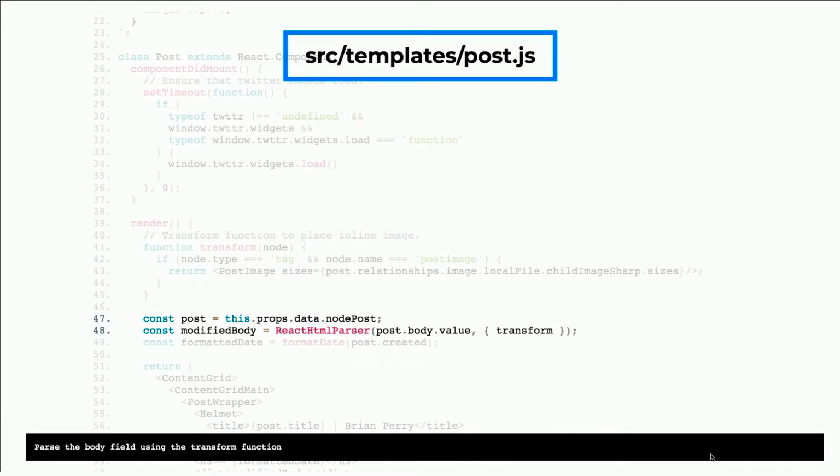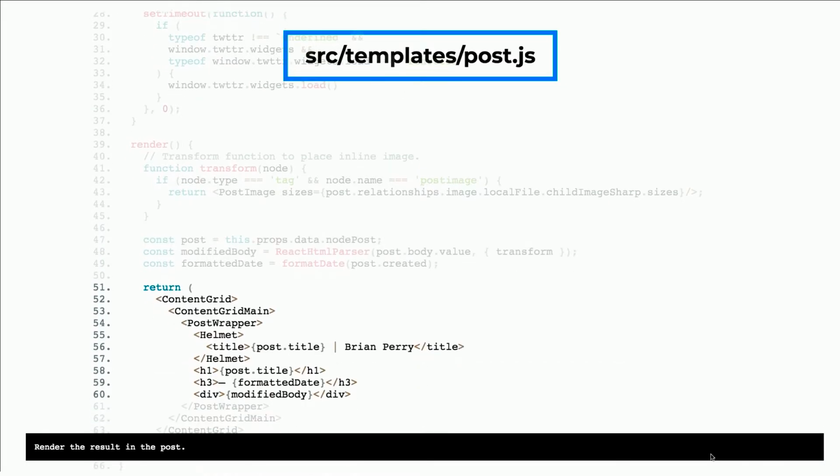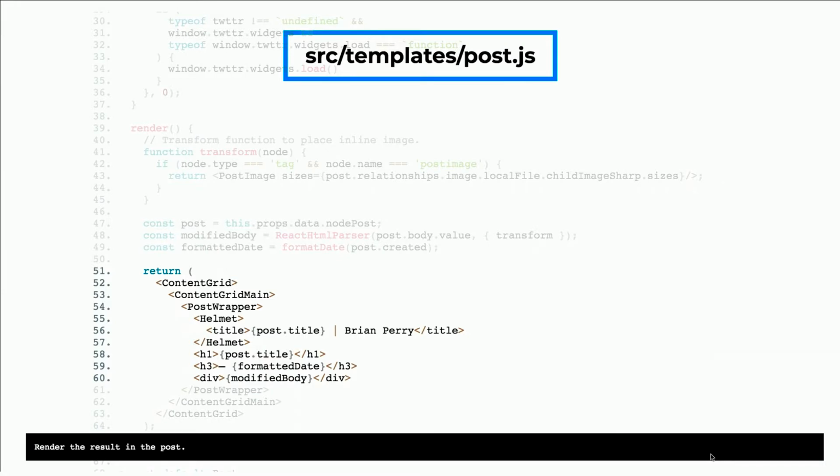And then down to rendering it, we have a constant for the post, and then the modified body here is the body value transformed through React HTML parser. And then in the render method, instead of our dangerouslySetInnerHTML, we can just spit out the modified body.